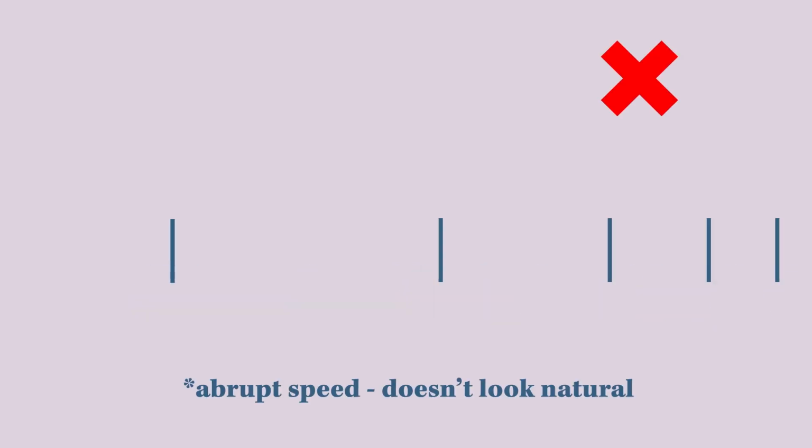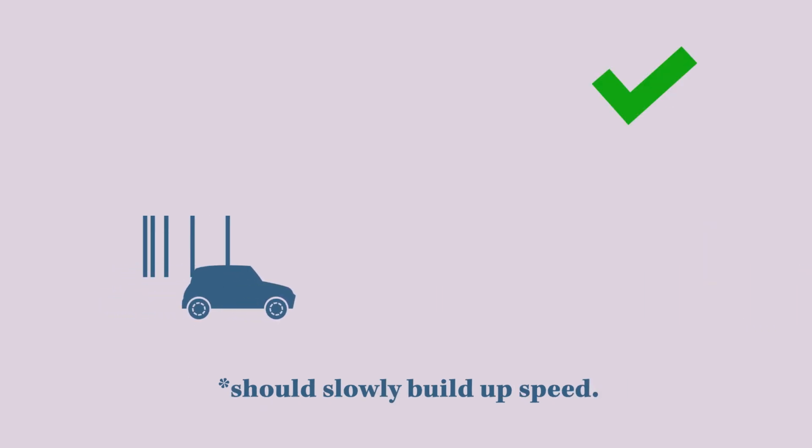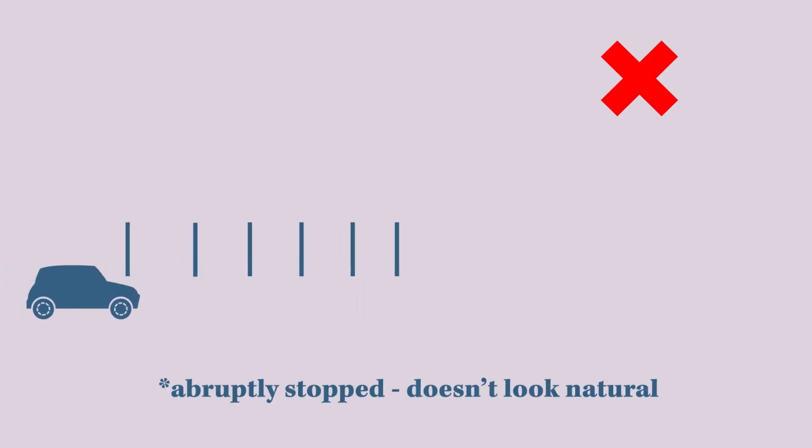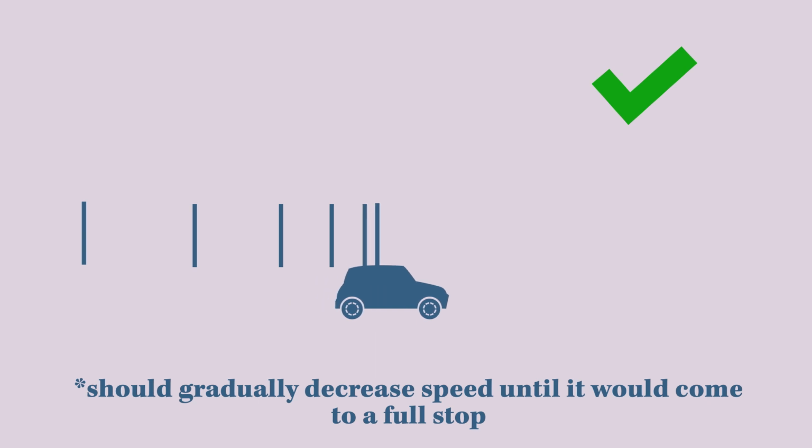It's not an abrupt change. It's slowly going to pick up speed, and once you have reached the speed that you want, you will maintain the speed. And if you hit the brakes, the car would not abruptly stop. It's just impossible to stop at that point. The car will gradually decrease speed until it comes to a full stop.